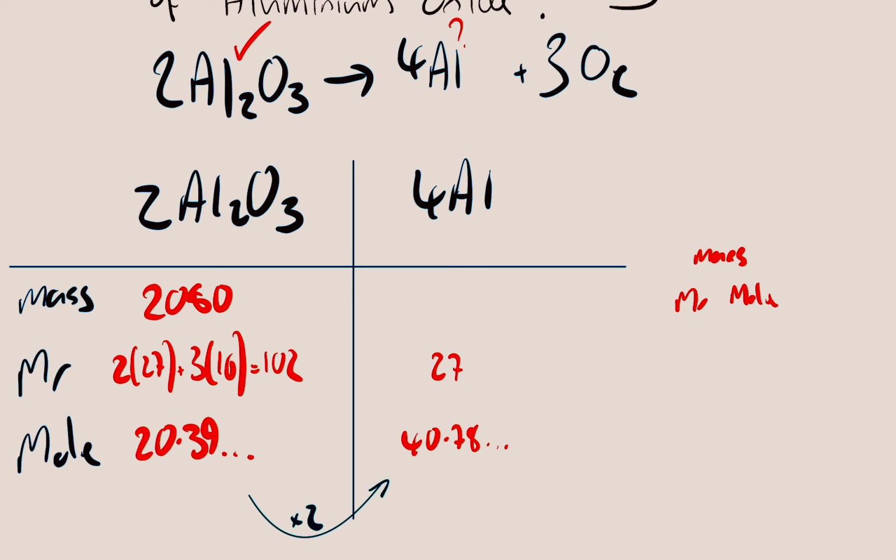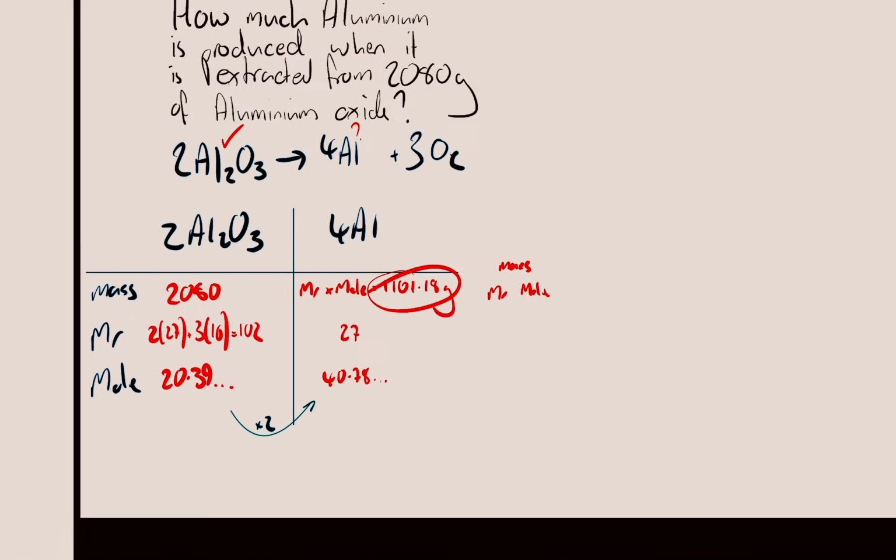Again, I'm going to use answer in my calculator because now I'm going to do mass equals MR times mole. 27 times answer gets us to 1,101.18 grams.